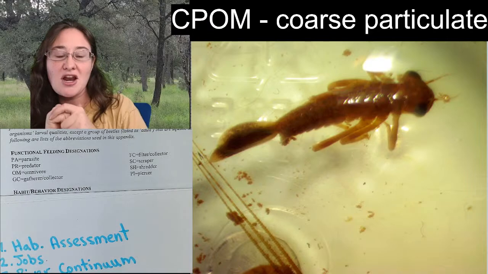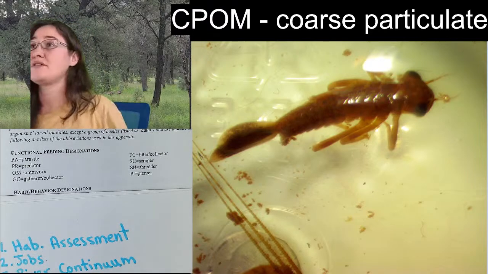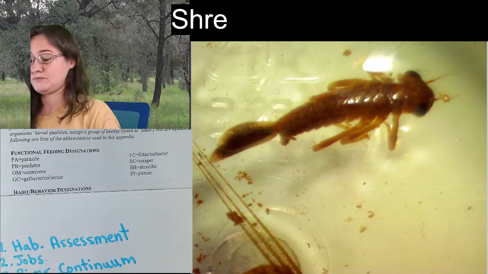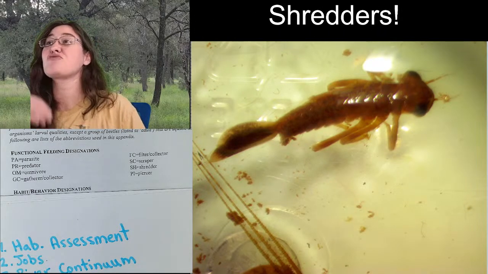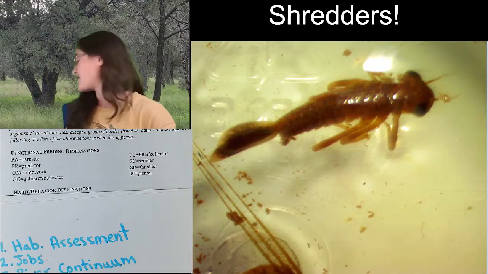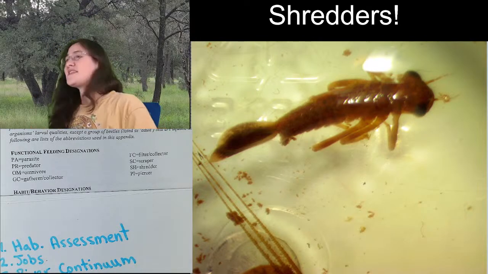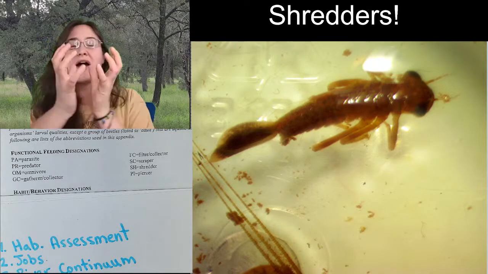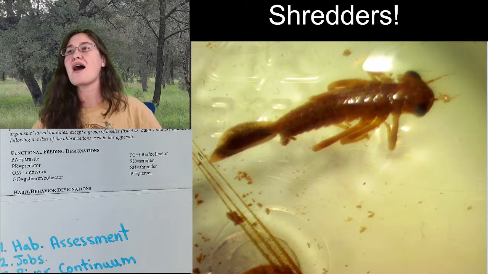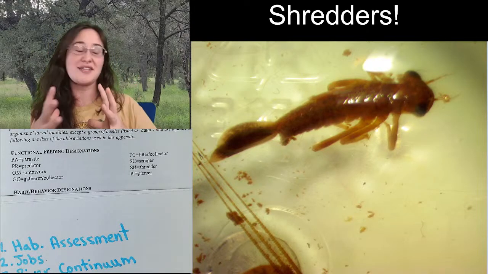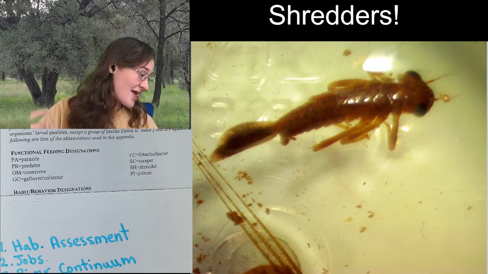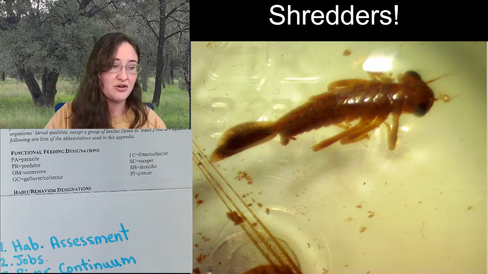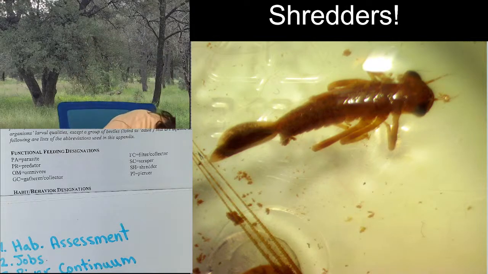And our shredders are insects that really like to spend their time inside of leaf bundles or on the inside of logs, and they break big pieces into smaller pieces, and they eat it while they're doing it too. So they're breaking all of these big pieces down into small pieces.